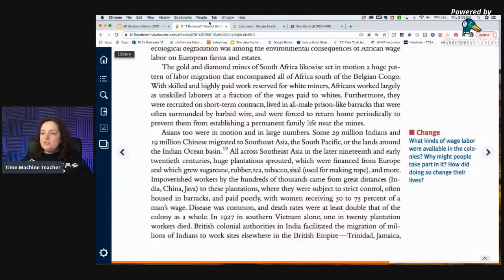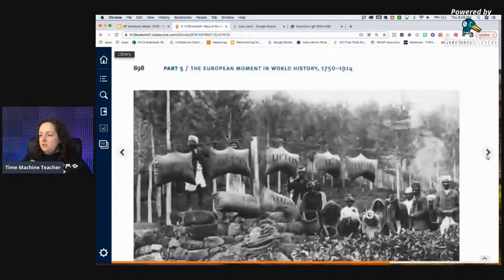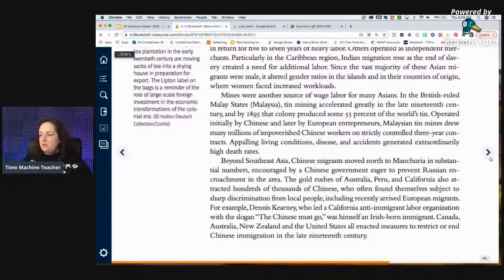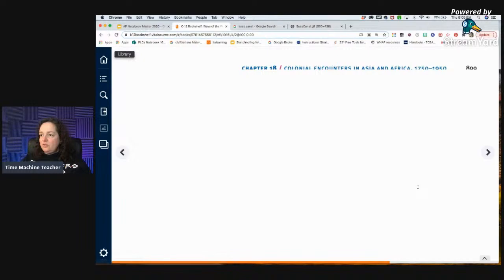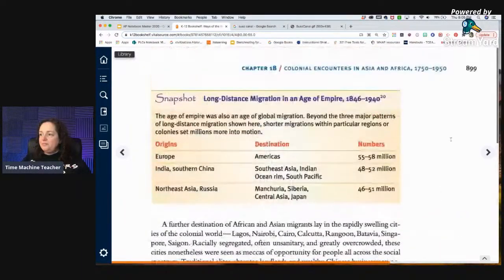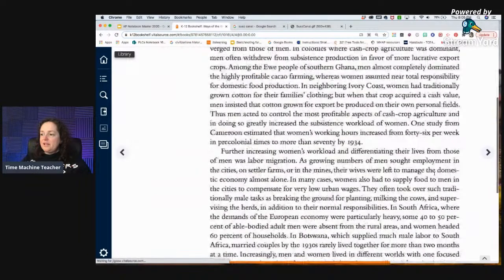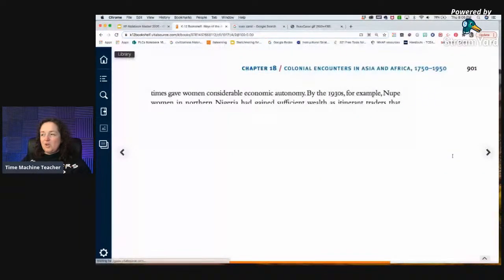Let's see, that's about wage labor. How did African men? So just keep reading through here. This goes to 907. Here's the one about the women. That's on 899. Then you have about 7 more pages. So you have about 10 more pages to read by yourself.